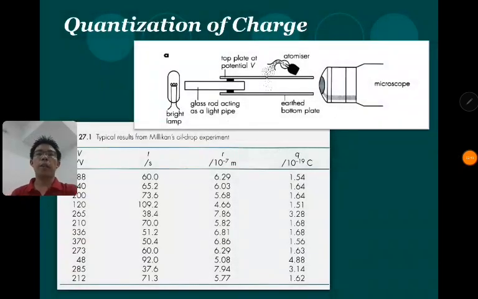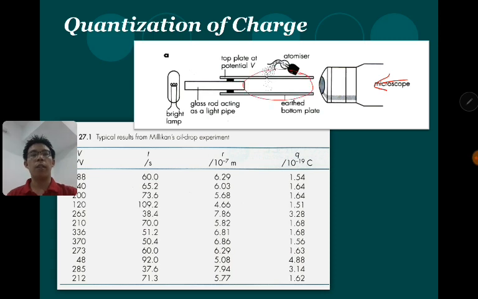On the top right here we have an experiment called the Millikan oil drop experiment. The details of this experiment you don't have to know, but I'll describe it briefly. There's a microscope here looking into a cavity.